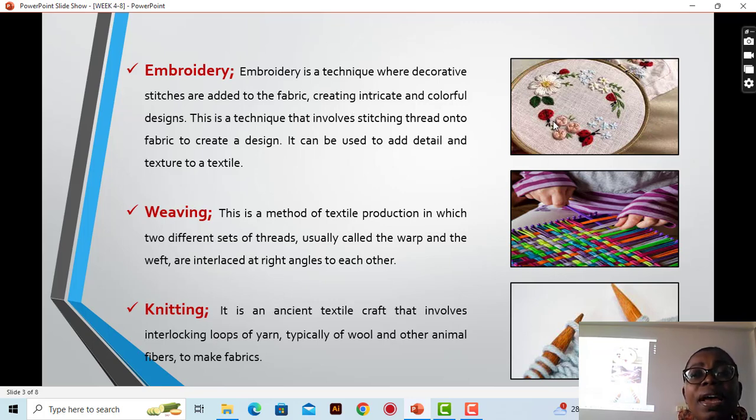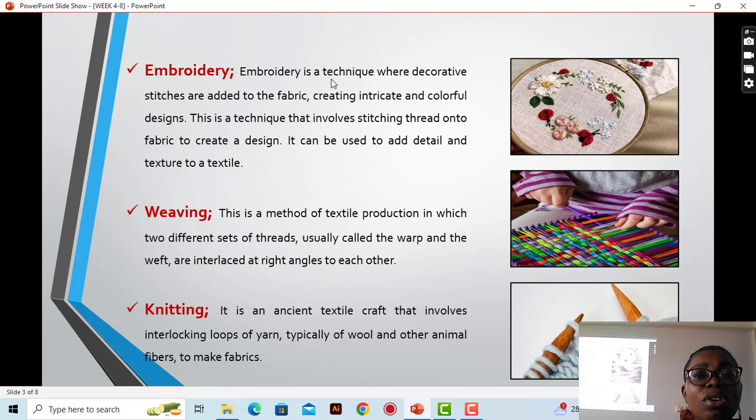So the thread used in embroidery is called stranded cotton. Someone said embroidery thread. Yes, I will accept it. When you go to the market and you mention stranded cotton, it is not all the market women who know this name. So embroidery thread, I will accept it, or stranded cotton. They come in several colors and then you use them for the embroidery.